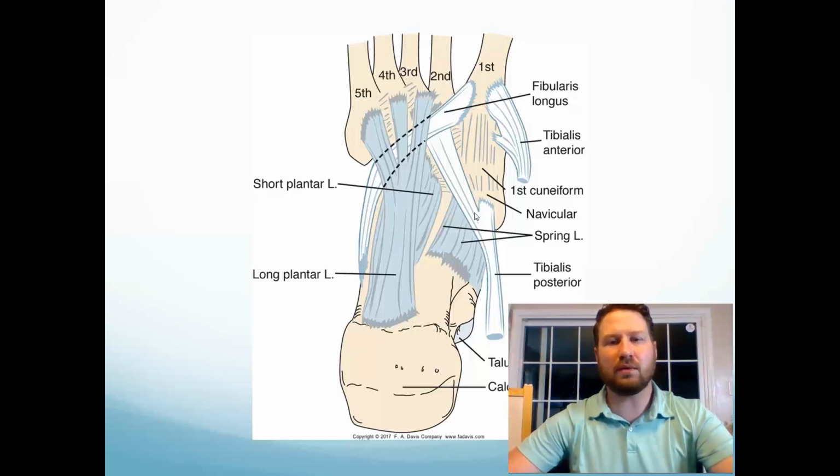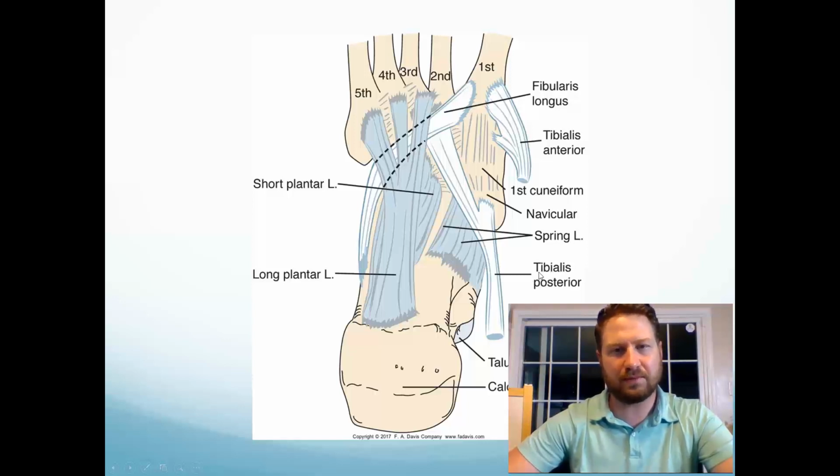If you were to observe someone who has flat feet and you try and palpate their posterior tib, they are going to light up like a Christmas tree. Okay? Because that posterior tib is doing everything it can to stabilize that arch, which isn't truly its main job. Its main job is to create some plantar flexion. Okay? But it does dynamically stabilize the arch.